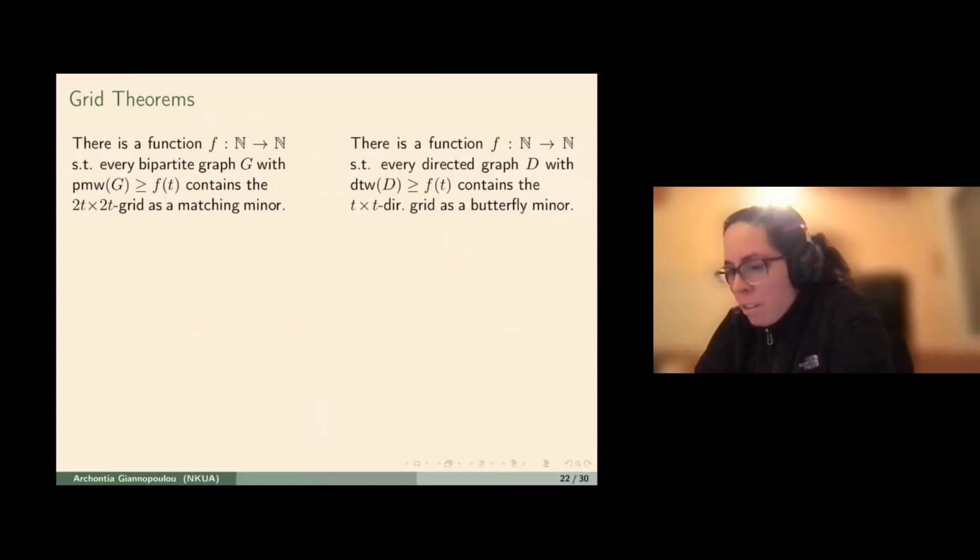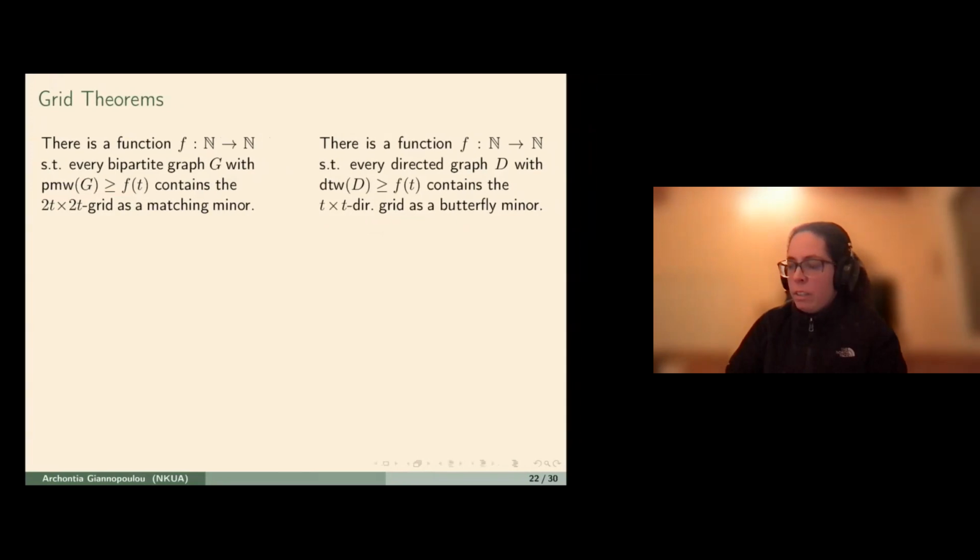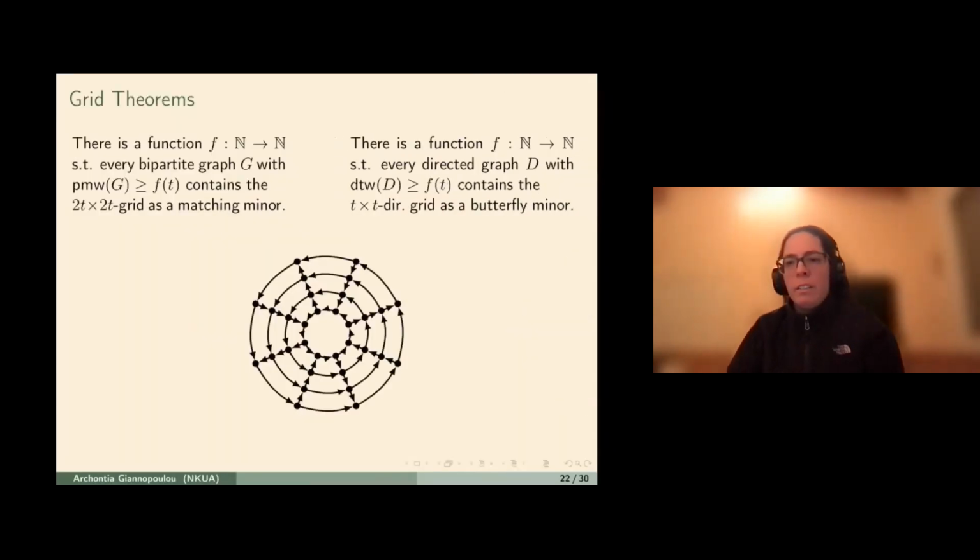So grid theorems. Well, there is a function for every bipartite graph. If the perfect matching width is big enough, then we can get the t times t grid as a matching minor. I'm not going to draw the t times t grid. And similarly, for the directed case, if the directed tree width is big enough, then the directed grid will be contained as a butterfly minor, and this is the directed grid.